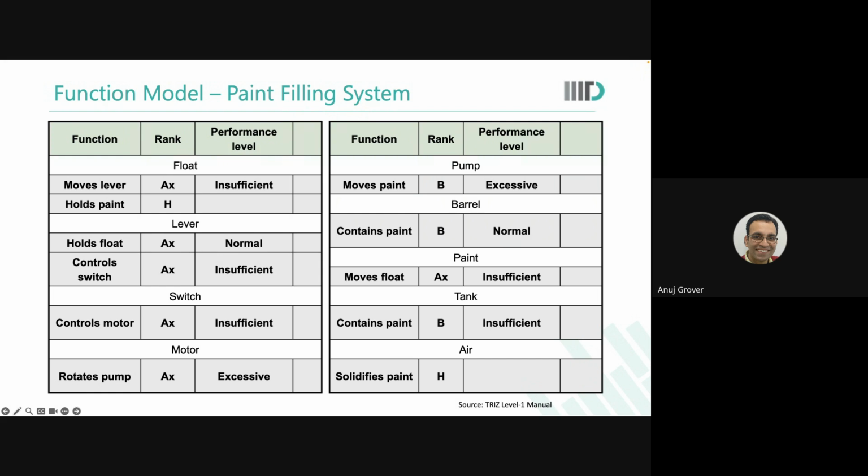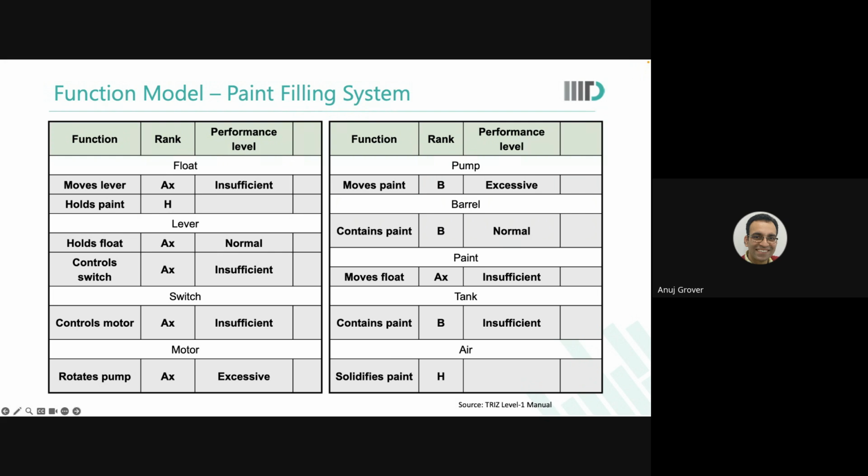the motor is there to pump the paint. That is a useful function. You want that to happen, is it not? So it is being done excessively. That is the problem. The motor is pumping the paint at a normal pace only, but since it is pumping again and again and again, that is what is causing the problem.